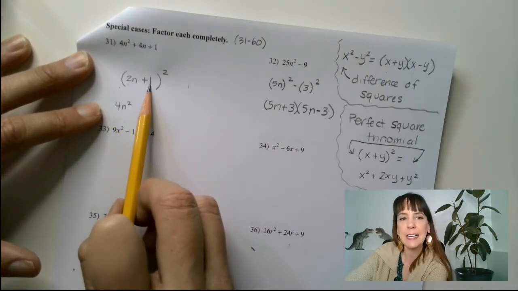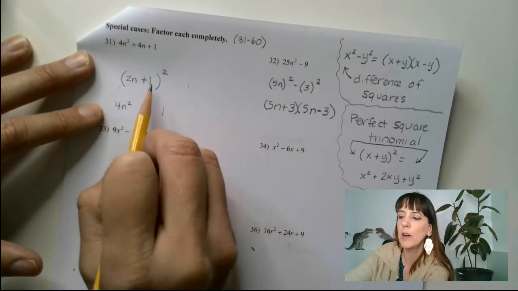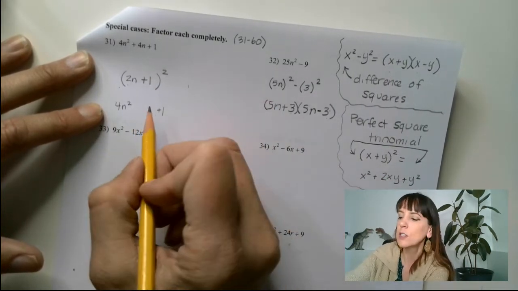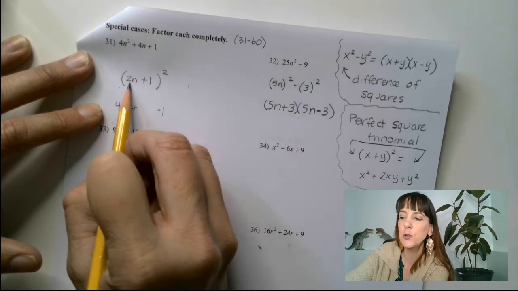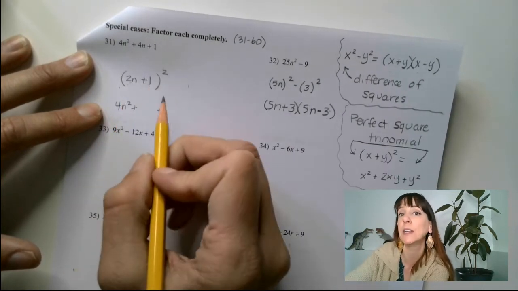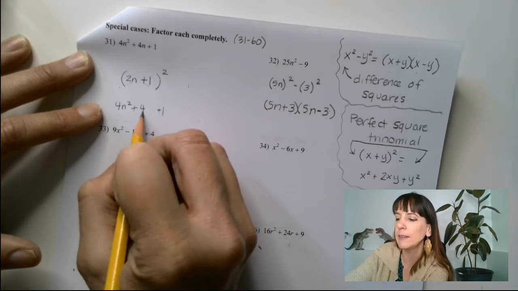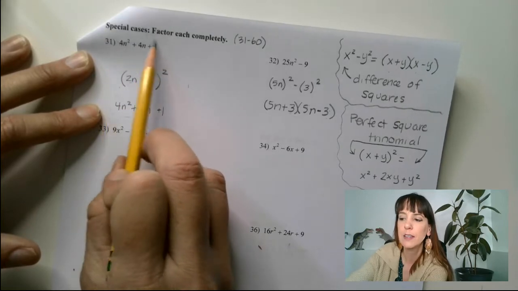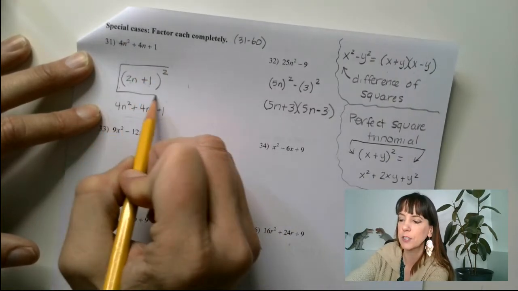Then you take this one and you square it in the back. Positive 1 squared is positive 1, right? And then what we do is we take 2n times positive 1, which is 2n. We multiply those two things together, and then we double it. 2n doubled is 4n. And do you see how this is what we started with? Therefore, this is your answer. This is your complete factorization.